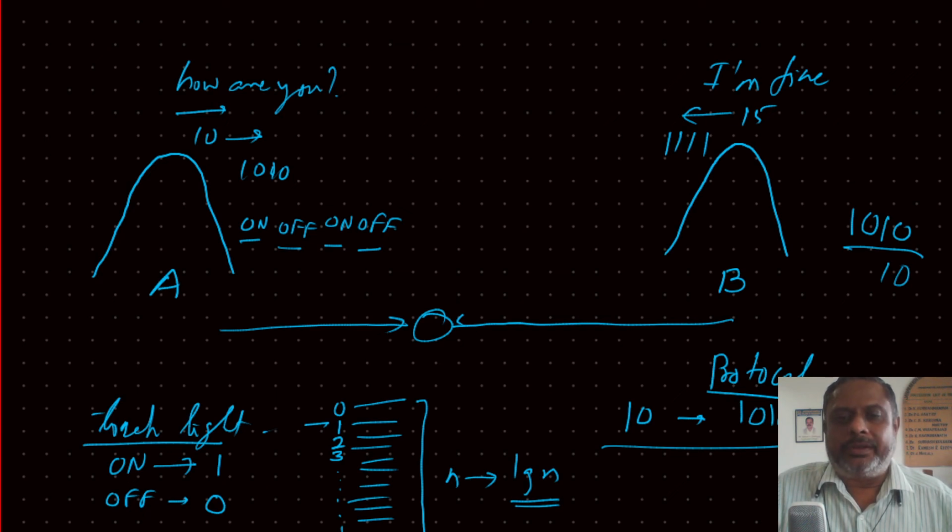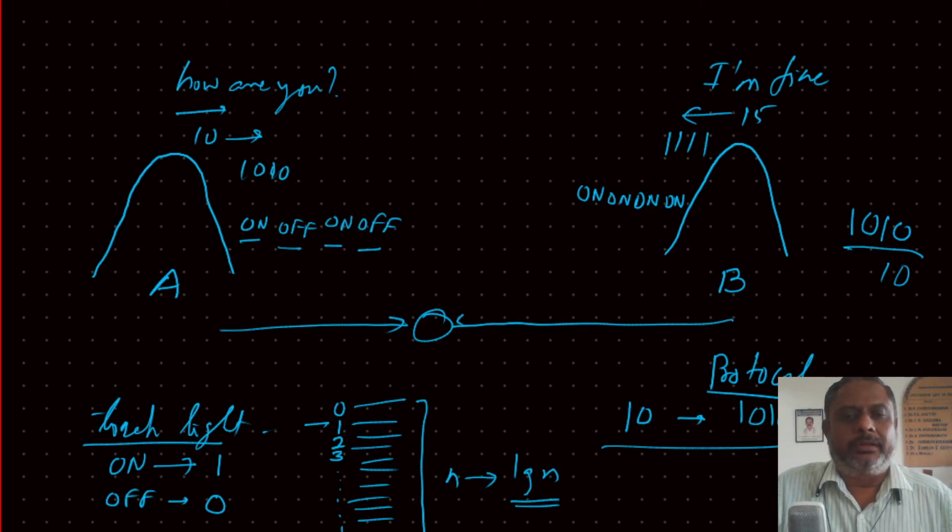To say I am fine, B looks into the code book and finds that I am fine means 15. 15 in binary is 1111. So he sends on, and for 4 durations he keeps it on.